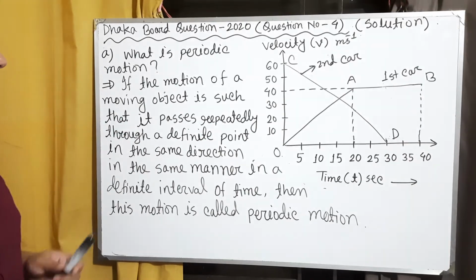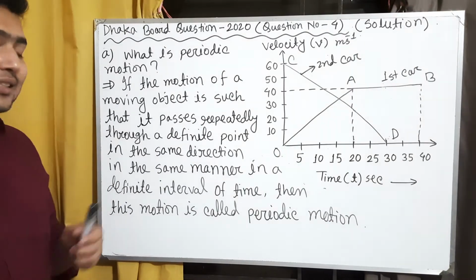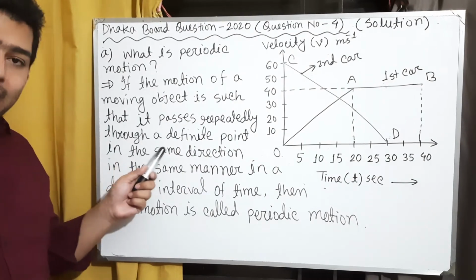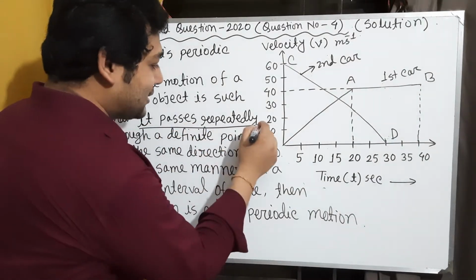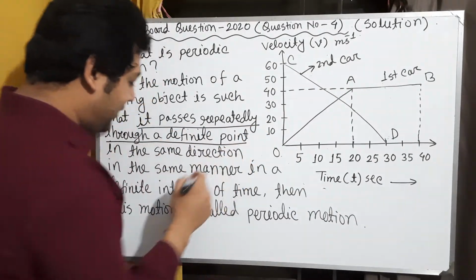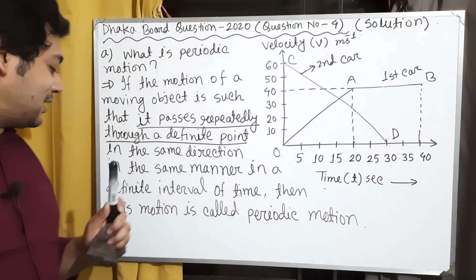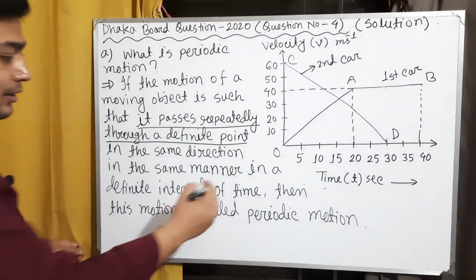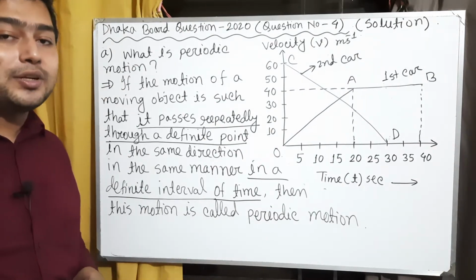The answer is: if the motion of a moving object is such that it passes repeatedly through a definite point in the same direction, in the same manner, in a definite interval of time, then this motion is called periodic motion.